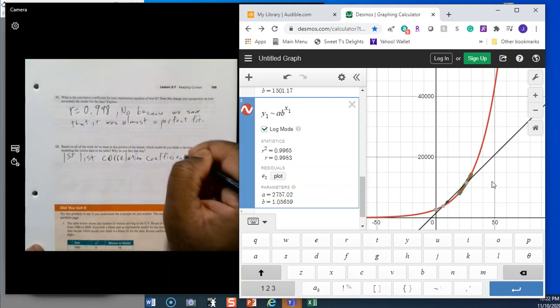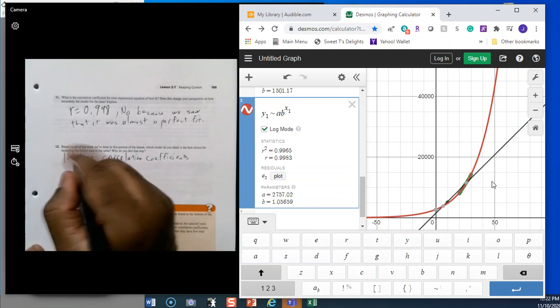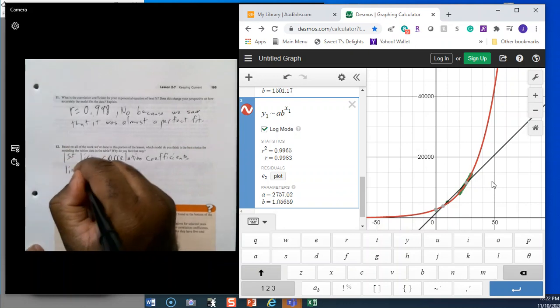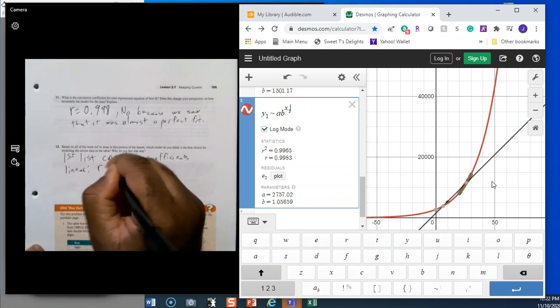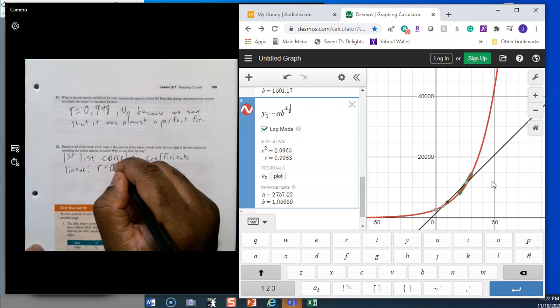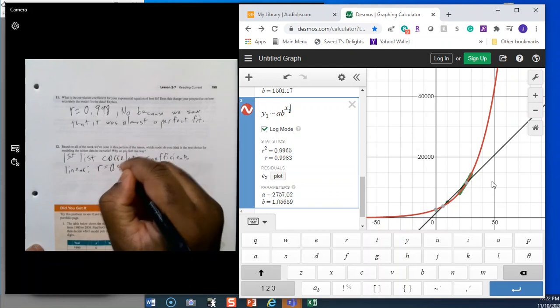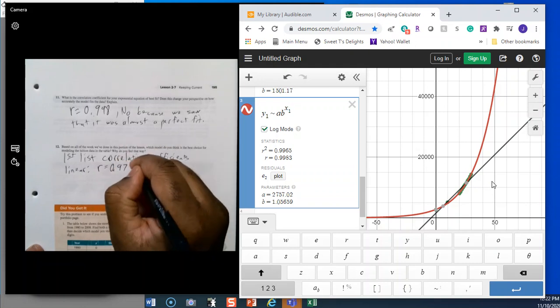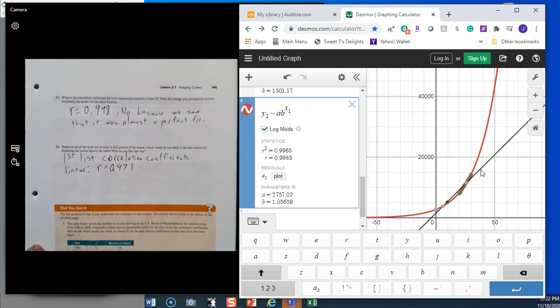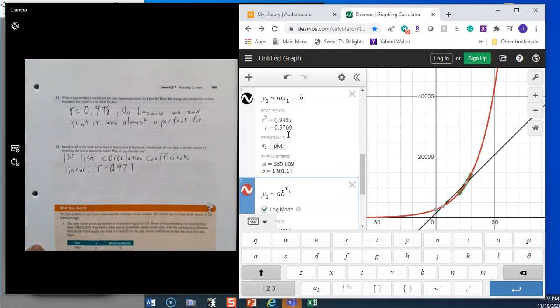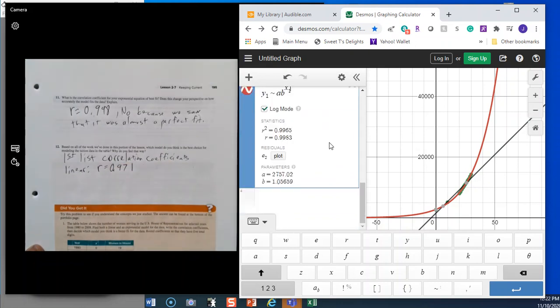I'm going to write out what I'm doing. So we'll list the correlation coefficients. So for linear, it was R equals, and I'll go to 3 decimal places with this, so if we go back up here, it'd be 0.971.